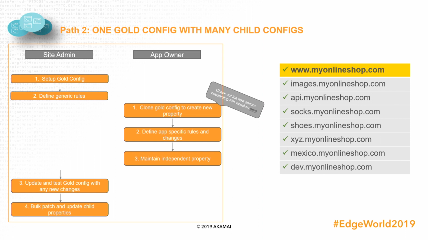The big endpoints that we've enabled are: you can search for certain criteria across all of your configs, so search for anything wherein the CP code matches this, or the host name matches this, or a certain custom behavior is enabled. And then you can update that config with something else too. So across all of these different configs, change this redirect rule from this particular URL to this, or change this host name from www.example.com to xyzexample.com. That's something really cool that you could use in this whole scenario.